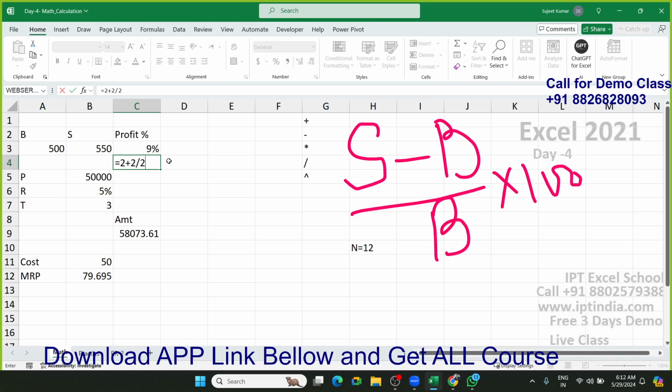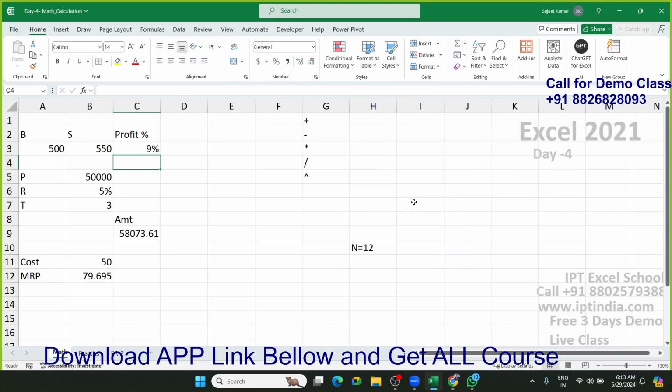If you read it in the fifth class, this is the BODMAS method. So first divide and then plus. But I need first plus and second divide. So at that time we use the brackets. If you use a mathematical equation, you have to follow the BODMAS rules.